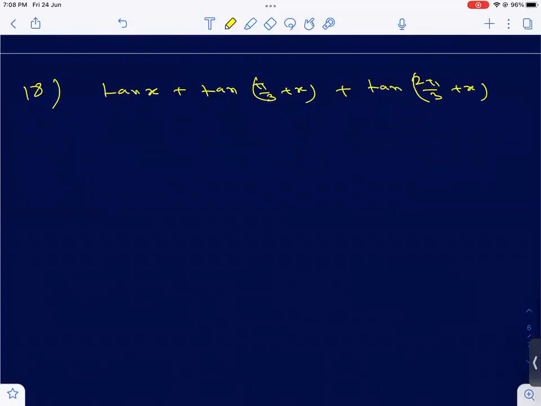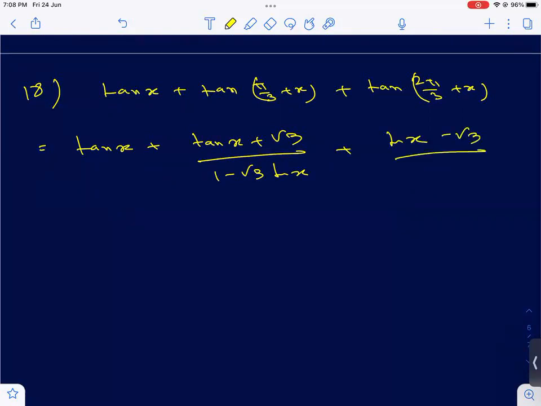We are getting here tan x, tan A plus B formula, tan x, tan A plus tan B, root 3, tan pi by 3 root 3, 1 minus root 3 tan x. Similarly, tan 2 pi by 3 minus root 3, so 1 plus root 3 into tan x.